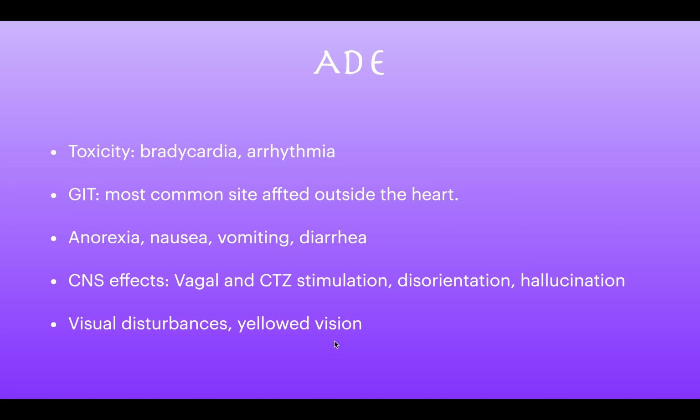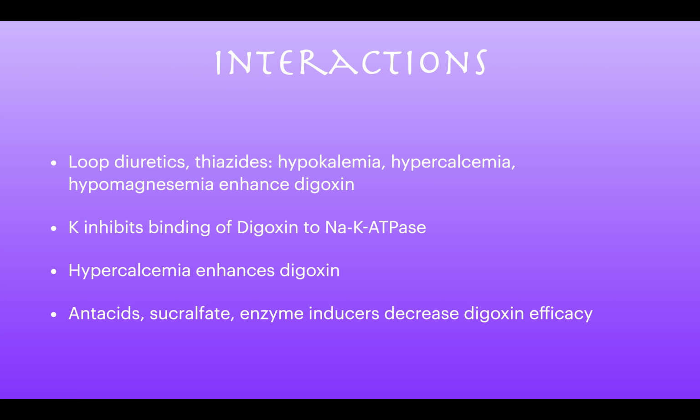Okay, so digoxin is a particular drug. There are a lot of interactions, so we don't want to use it with loop diuretics or thiazides, due to hypokalemia, hypercalcemia, and hypomagnesemia, because all of these will enhance digoxin too much. Remember, digoxin is going to increase intracellular calcium, right?